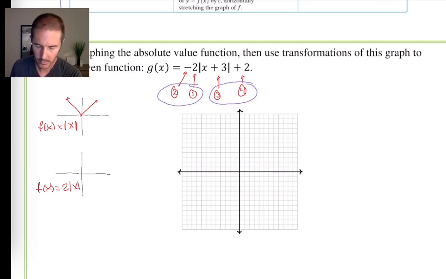That's going to cause a vertical stretch, which will make our absolute value graph taller. So we've multiplied all of our original y values by 2.